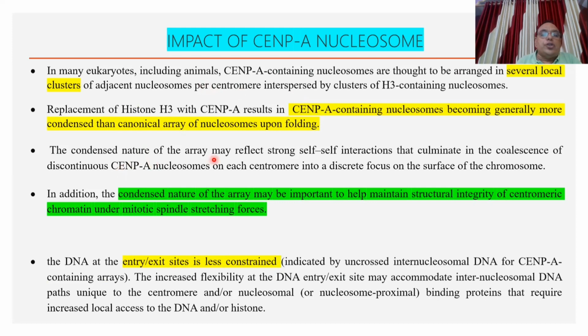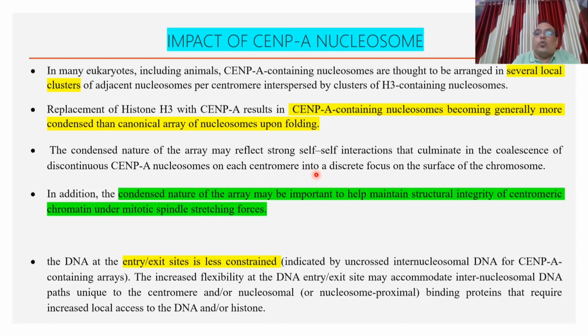The condensed nature of the array may reflect a strong self-self interaction that culminates in coalescence of discontinuous CNP nucleosomes on each centromere. So this compaction and clustering will lead to close arrangement. They will coalesce, that is, they will become closely arranged.